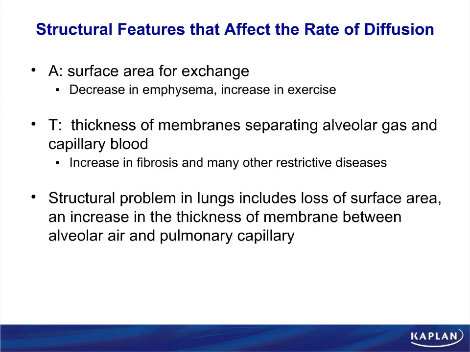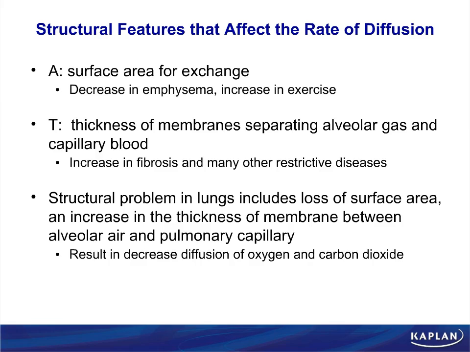So these structural problems in the lung, pathology-wise for Step 1, include loss of surface area, emphysema, and an increase in thickness of the membrane, restrictive diseases. You could also throw in pulmonary edema. The results of all of this are that this will decrease diffusion of oxygen and carbon dioxide.